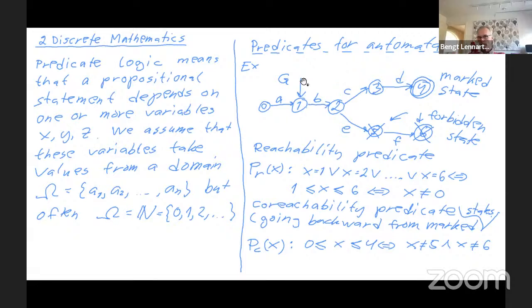Right. And the second interesting thing is that I can even introduce more than one initial state. For instance, there are applications where we consider all states to be initial states.